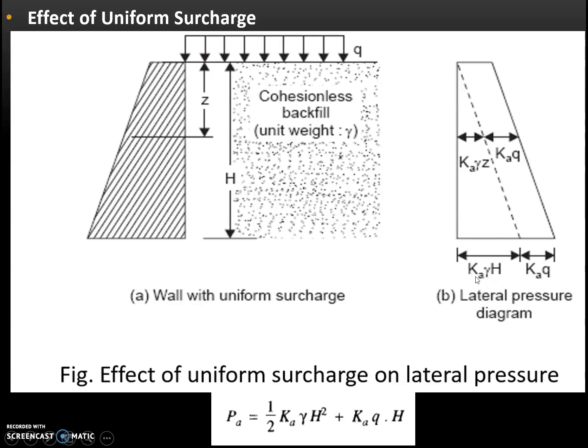The pressure due to the backfill will be half into base into height. Half into base, which is Ka gamma h, and height is h. So it will be half Ka gamma h square. And due to the rectangle it will be base into height, that is Ka Q into h.